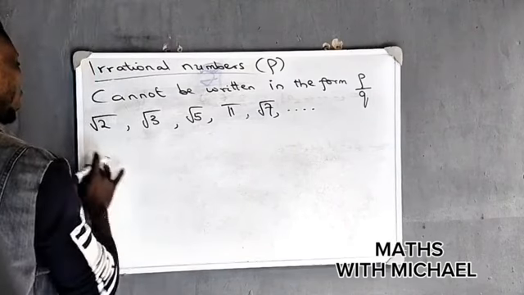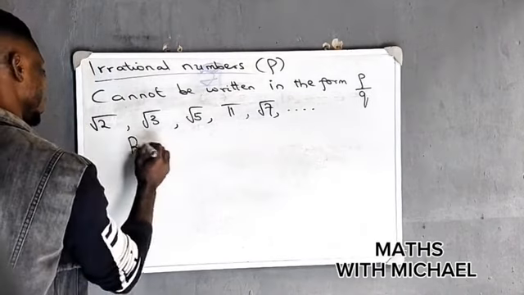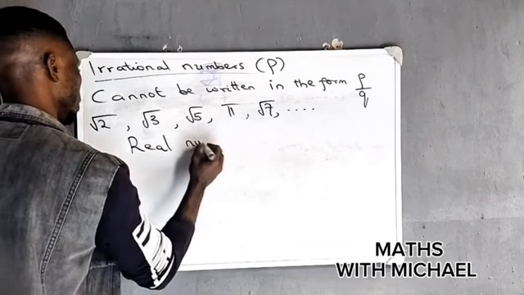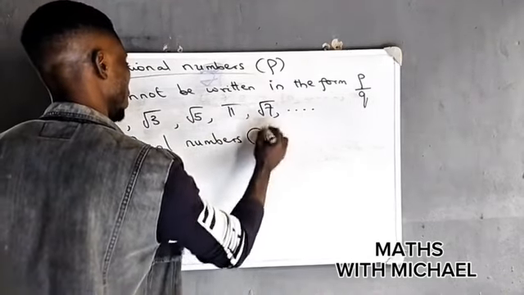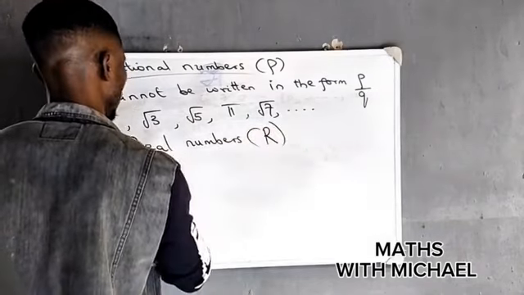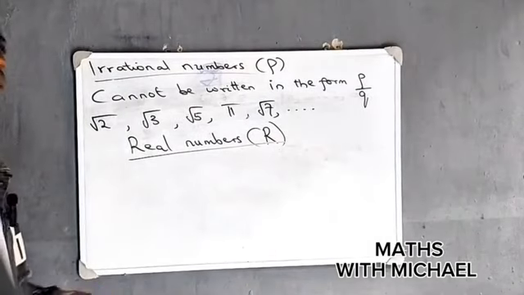We have another form of number which we call the real numbers. Real numbers are usually denoted by the letter R. And what are real numbers?